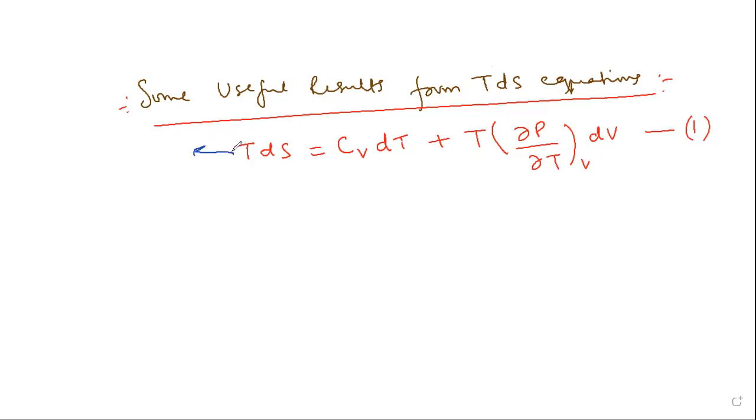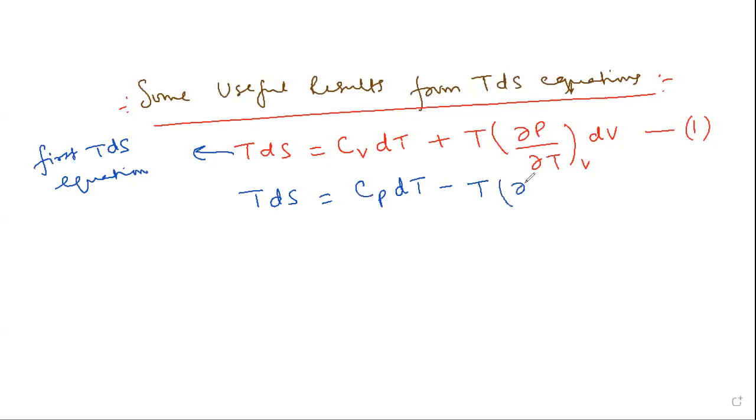So this is my first TDS equation. The second one is TDS is equal to Cp dT minus T dou V by dou T at constant P dP.